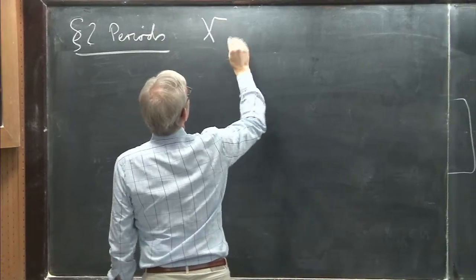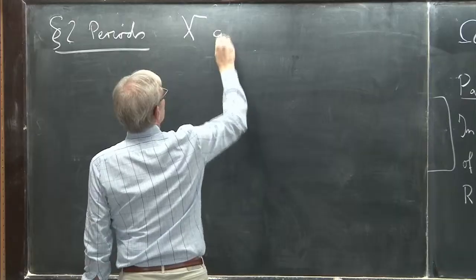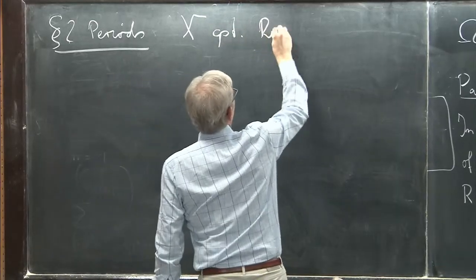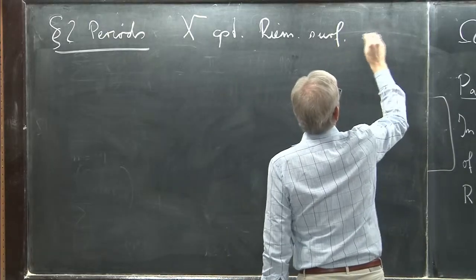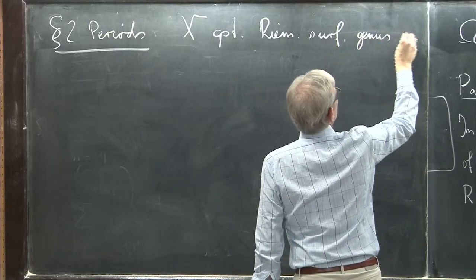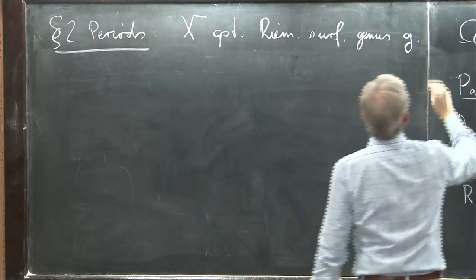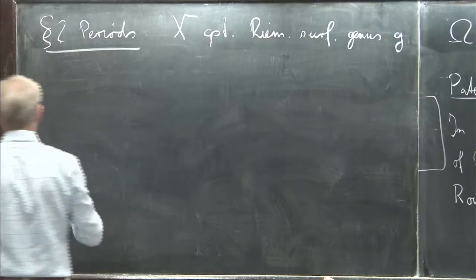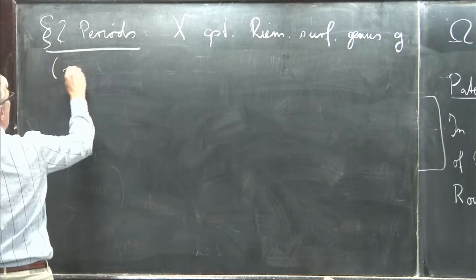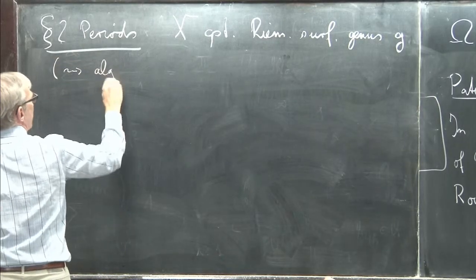So let me go to the following situation. We consider a compact Riemann surface. And to fix ideas, let's say the genus is g, bigger or equal to 0. And then it's known that this is in fact an algebraic variety.